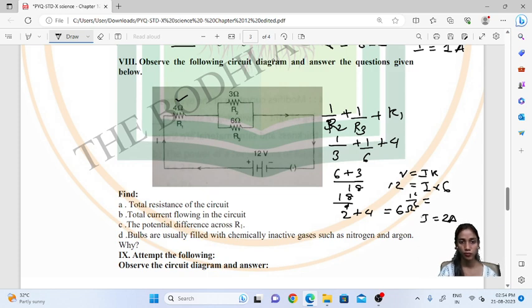These two will have the same potential difference of 12, and here it will get divided, so the potential difference will be 6 volts. The total is 12, and here it is in series with this connection. This total will have 12 and this one will have 6.